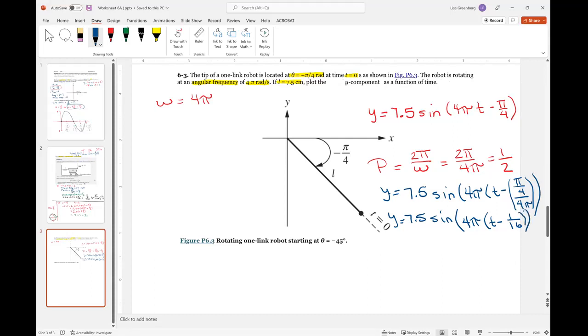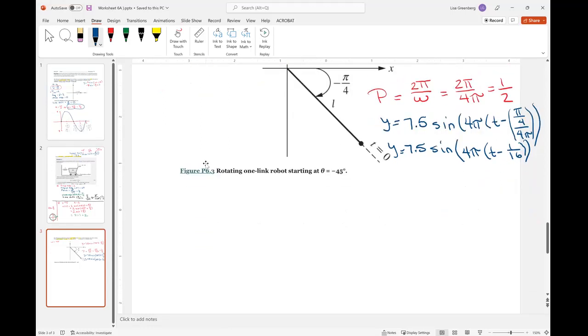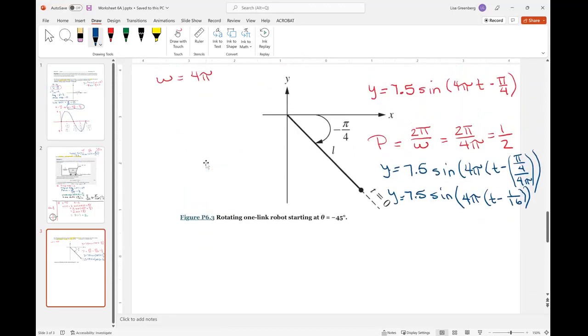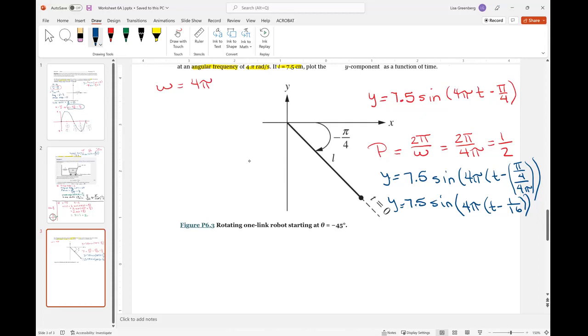Okay, which is now I actually have all the information I need, even though they're not asking for it. But my time shift, once I factor that 4 pi out, this is my time shift right here. So my time shift is 1/16.